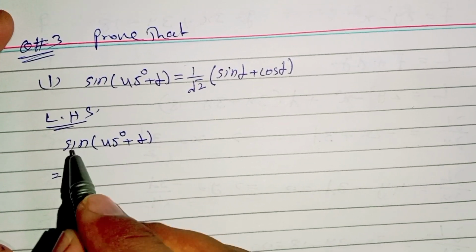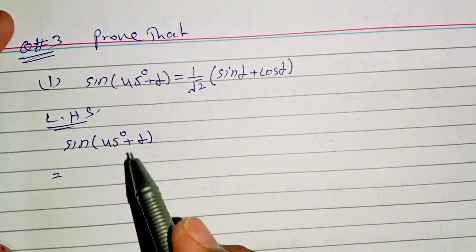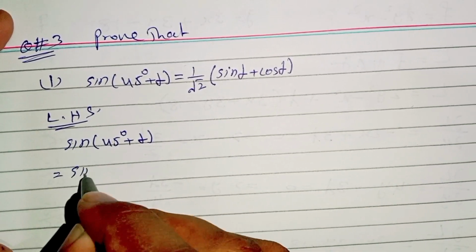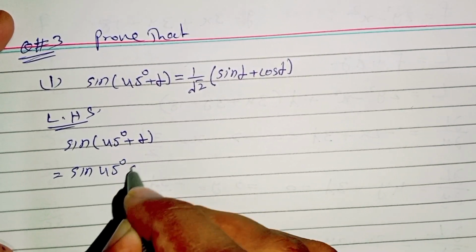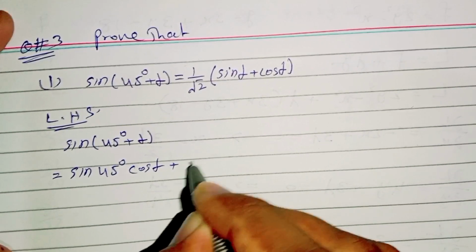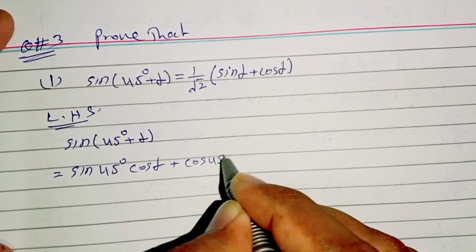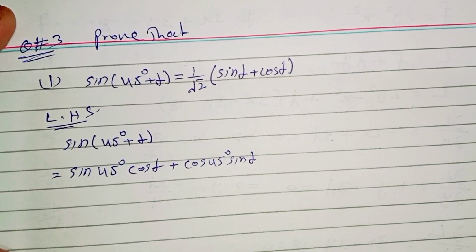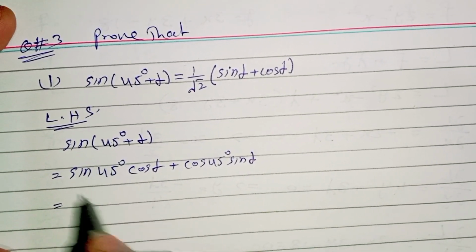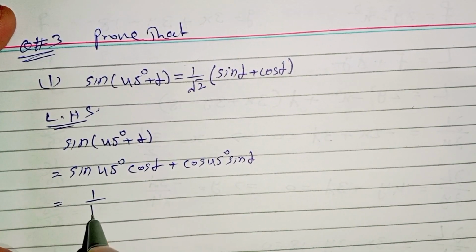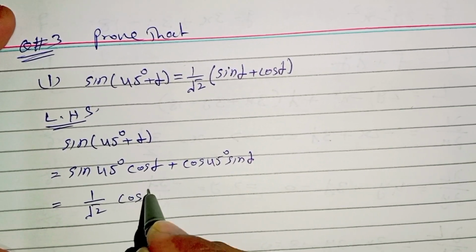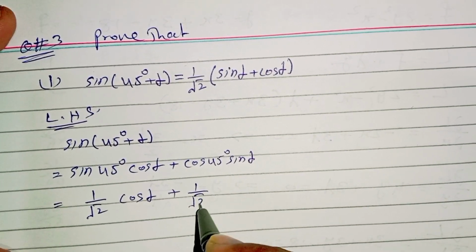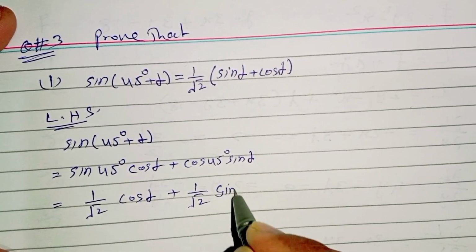By using the formula for sine alpha plus beta, we have sine 45 degree cos alpha plus cos 45 degree sine alpha. We know that the value of sine 45 degree is 1 over square root 2 cos alpha, and also the value of cos 45 degree is 1 over square root 2 sine alpha.